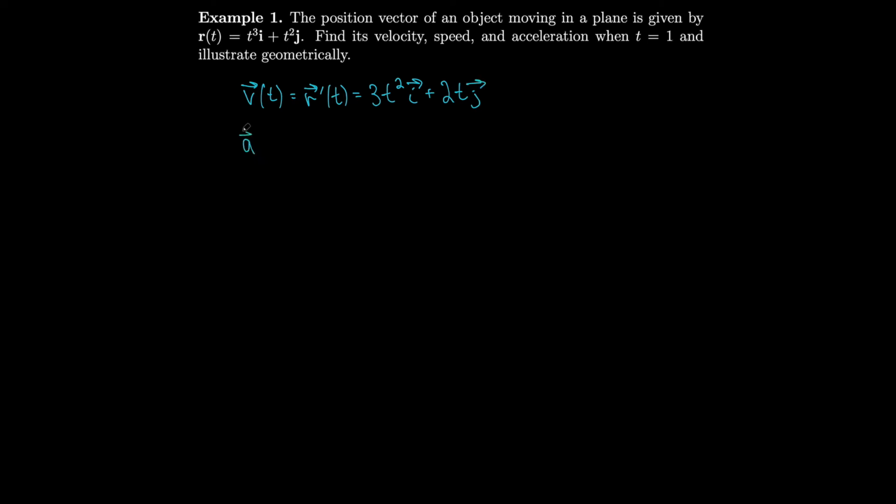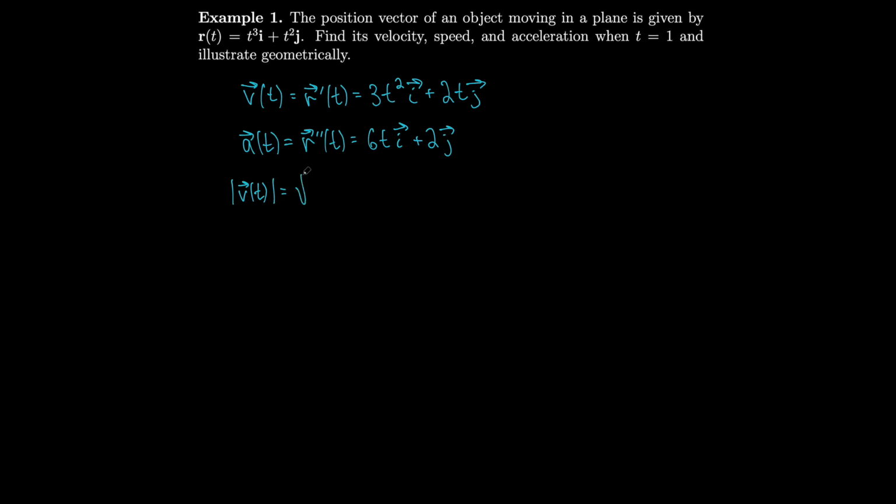And let's get acceleration now. That's just the second derivative of position, and that's 6ti plus 2j. Now let's find the speed, which is the magnitude of velocity.